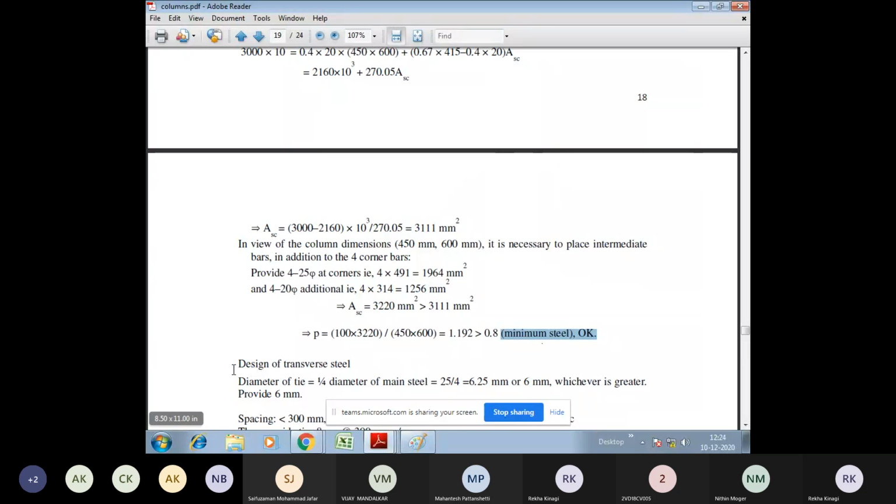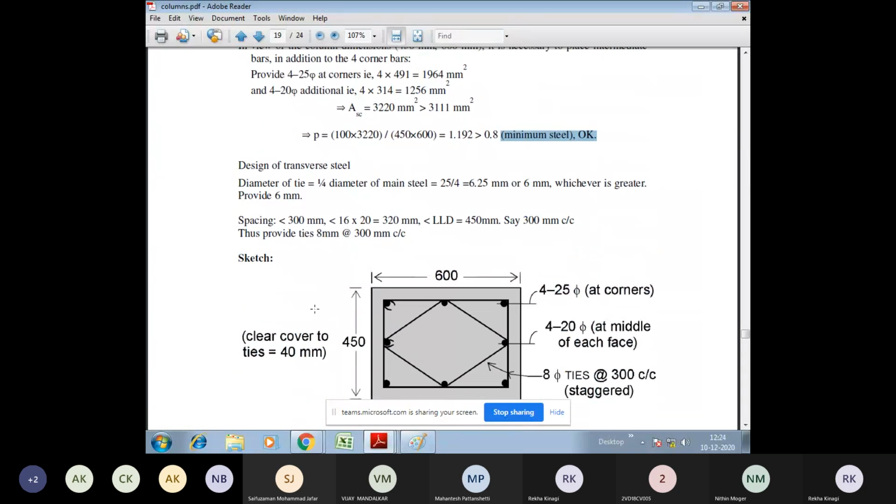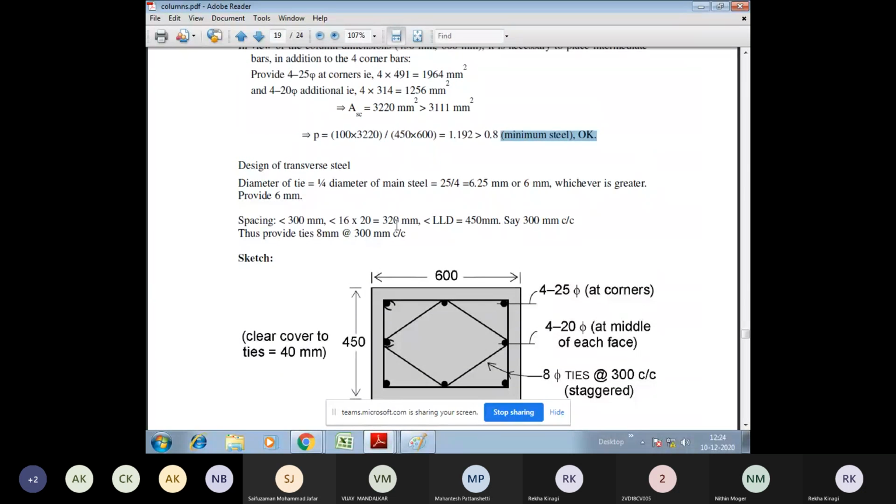Now coming on to the design of transverse steel. Design of transverse steel, that is diameter of tie. Diameter of tie is equal to 1/4 of diameter of main steel. So diameter of main steel is 25 mm. Out of 20 mm and 25 mm, whichever is the highest diameter, that we need to consider.